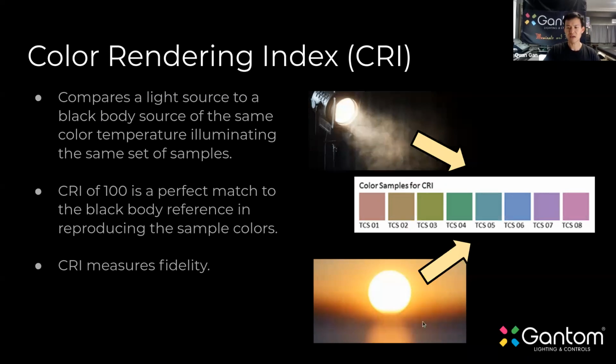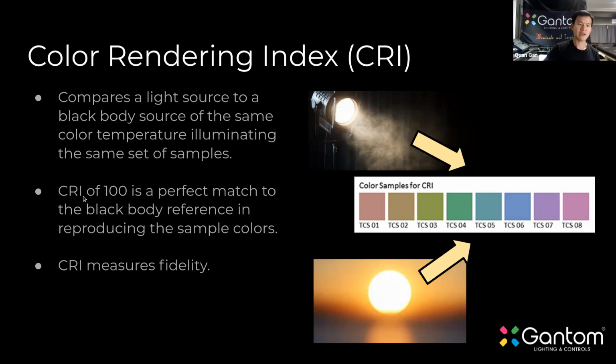Let's say this sun is at 3000 Kelvin, and that light was calculated to hit these color samples and produce a certain amount of color results, illumination results onto these test samples. And then we take a test light and hit the same samples and see how well this test light reproduces the same colors compared to how the reference did. The closer the test light reproduces these reference colors, the higher the number.